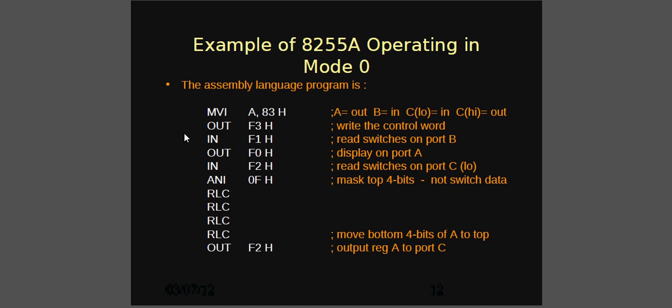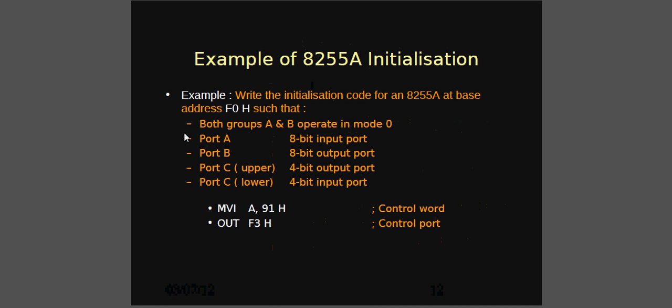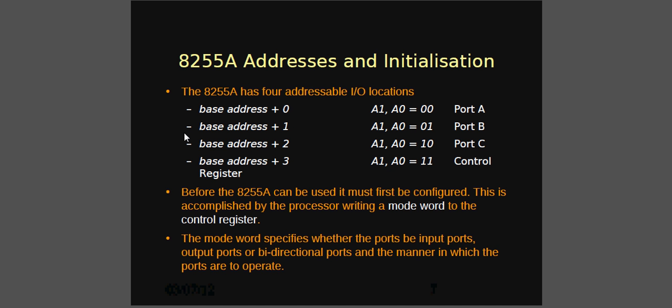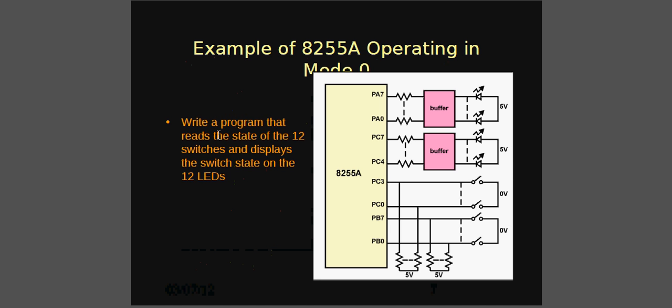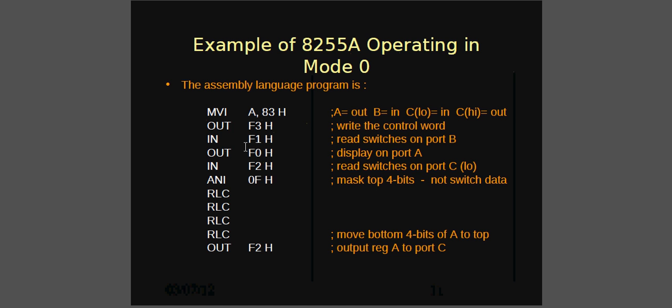If you see what is F1, F plus 1 is the port B connection. So port B, you set it as the input. So you are taking the input reading and you send it to port A. Whatever input setting that you read from the switches connected to port B will give the effect on port A, which you connect to the LED.